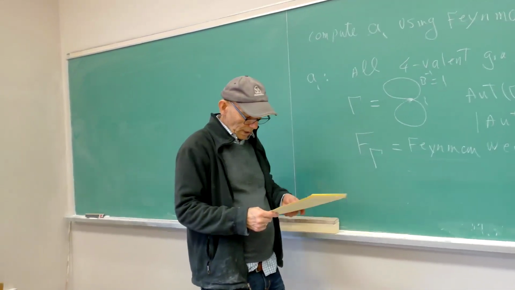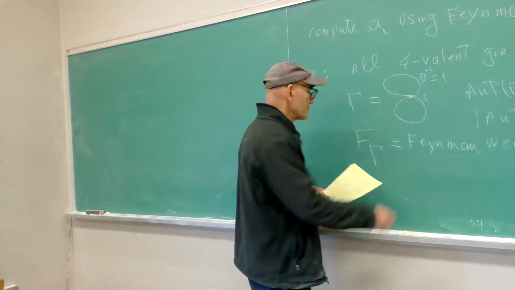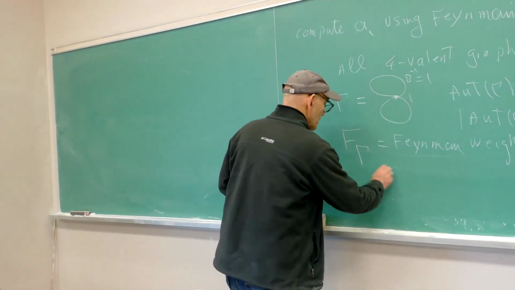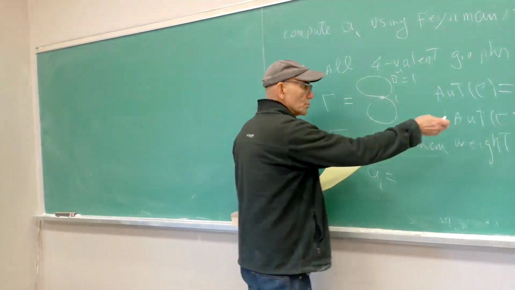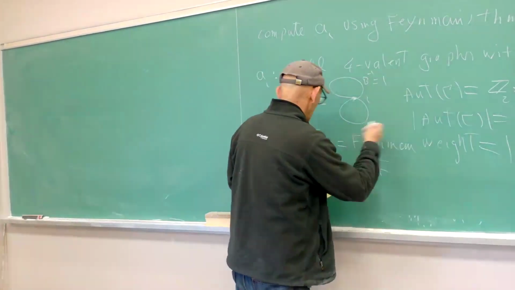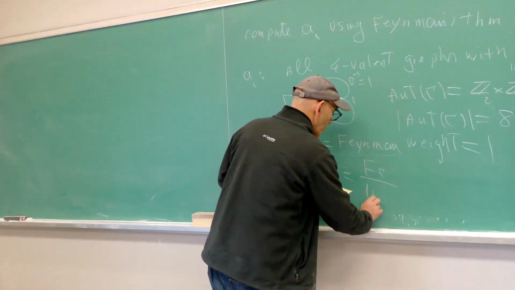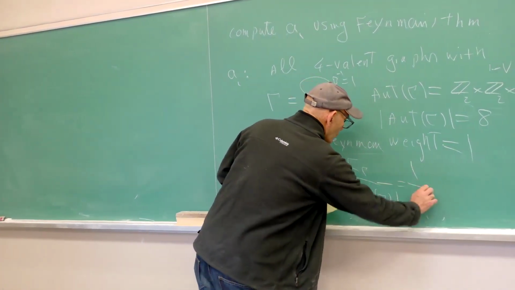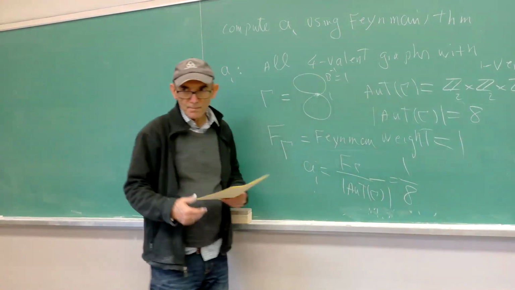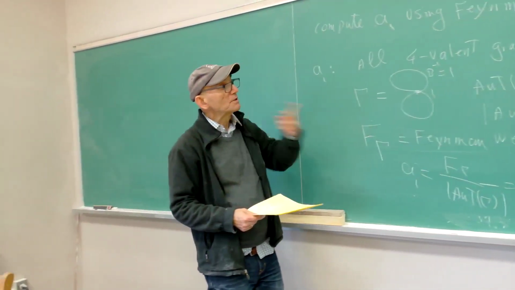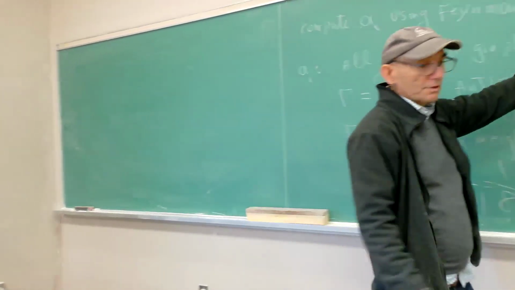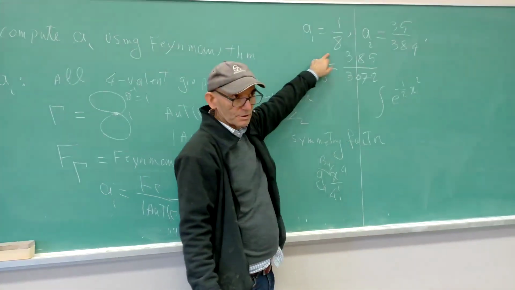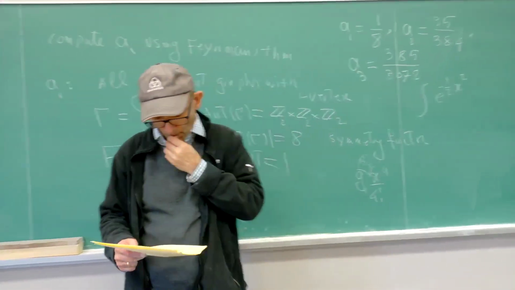Then of course, the Feynman theorem tells us that A1 is equal to F gamma divided by the order of gamma, and it's equal to 1 over 8. And this is what the other calculation also tells us to be the case.